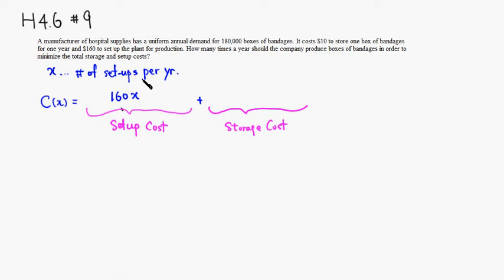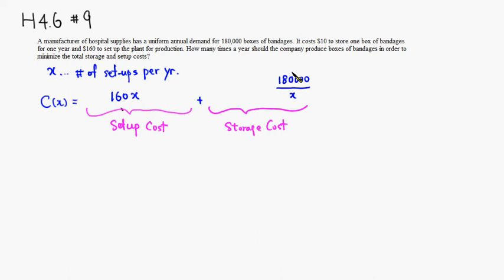But the storage cost, this is how the storage costs work. If you do x setups per year, each time you're going to produce the same number of boxes. So each time you're going to produce 180,000 boxes over x, because you have 180,000 divided into x setups.